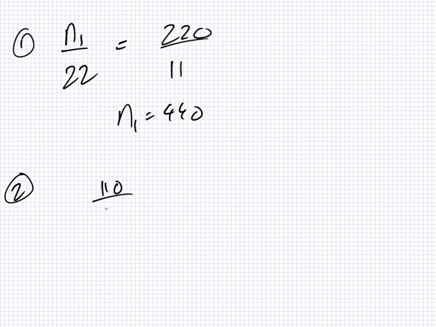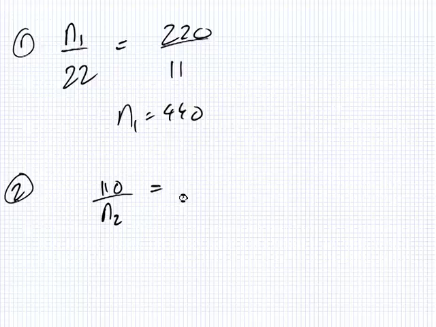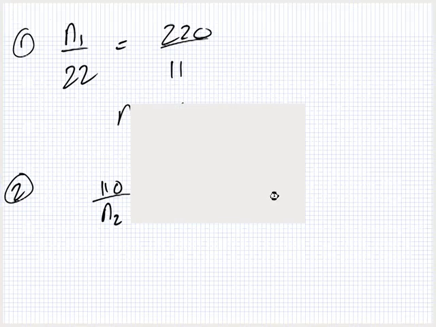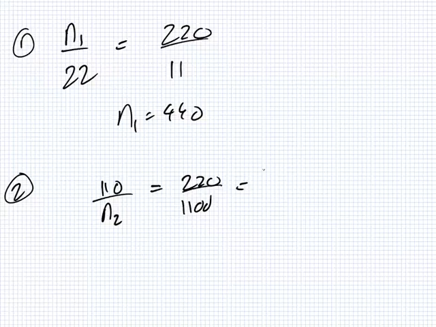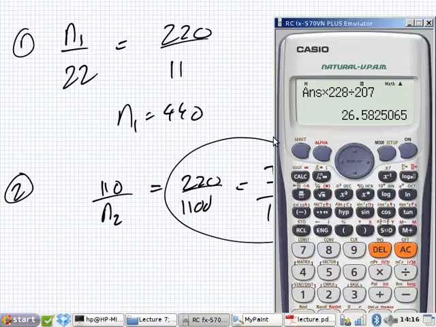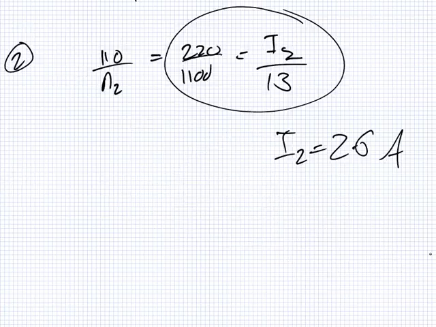Okay, so N1 over N2, which we don't know, equals V1 over V2, which equals I2 over I1. Okay, so I can just use this. 13 times 220 over 1100. Did you get 2.6? Okay.